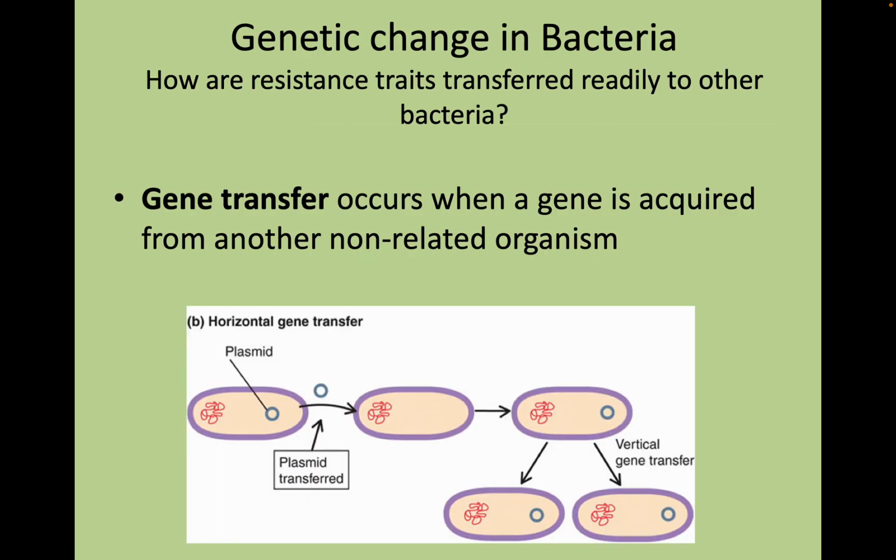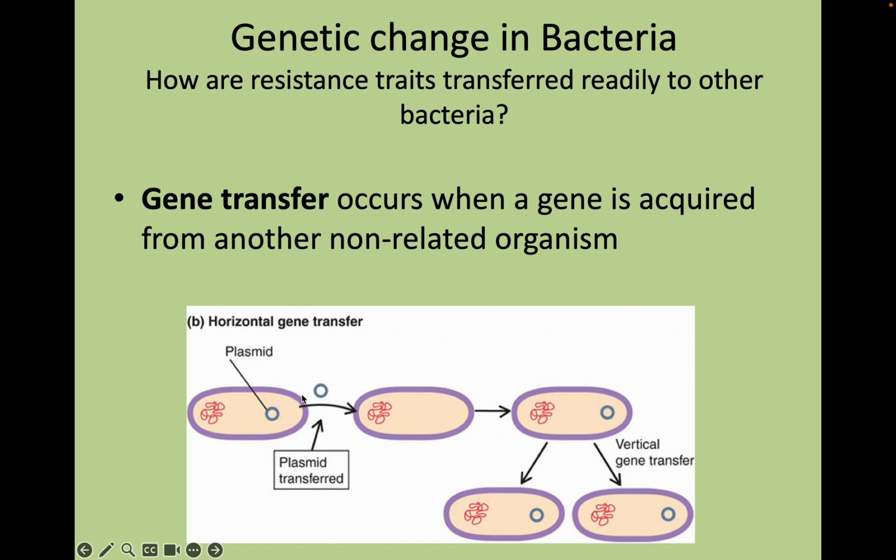All right, so those were changes in the chromosome. But how are resistance traits transferred readily to other bacteria? Gene transfers occur when a gene is acquired from another non-related organism. So not by cell division, but some other mechanism. So horizontal gene transfer, we see here's a cell. It's got chromosomal DNA, but it also has this extra plasmid.